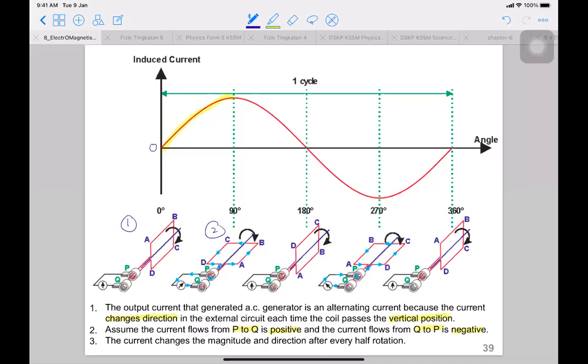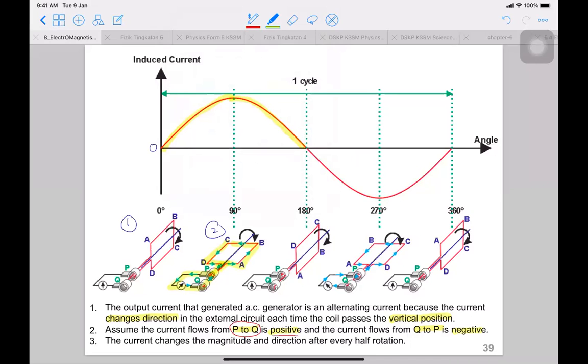Now the induced current is flowing from C to D and then P to Q. Kemudian pergi ke A ke B. Now, dia sudah mention tadi, if the direction of the induced current is from P to Q, so we assume it as a positive direction. So that's why it is drawn in the upper part.